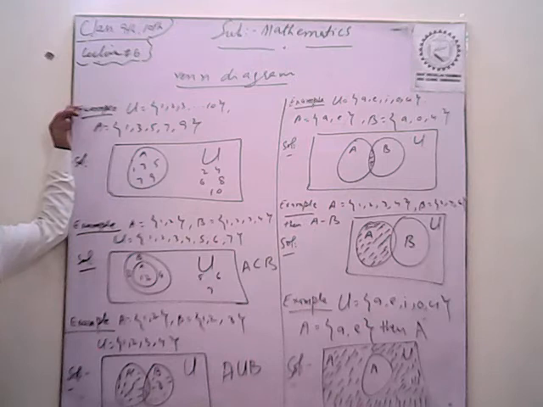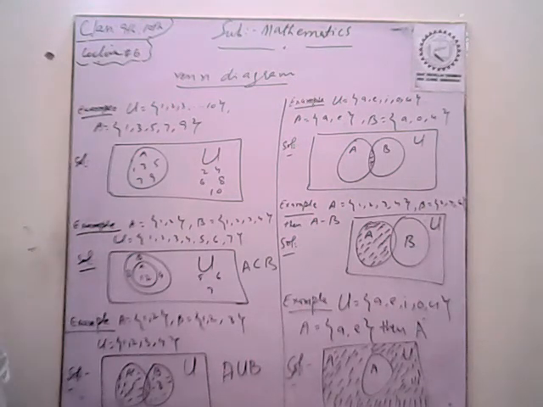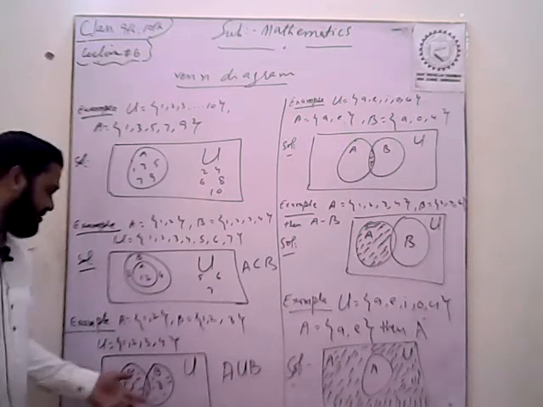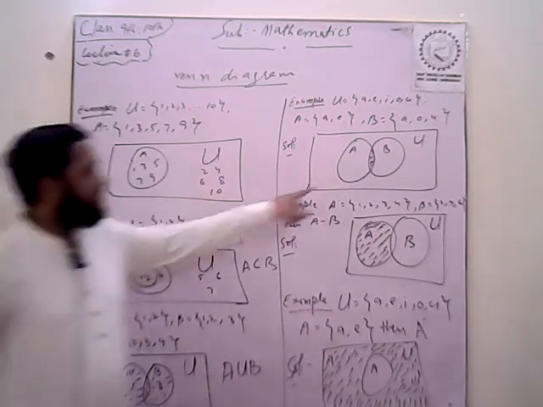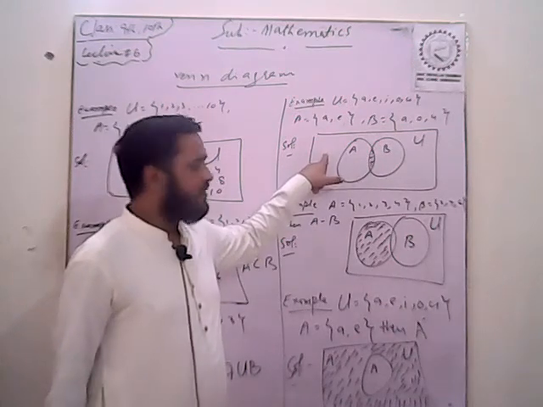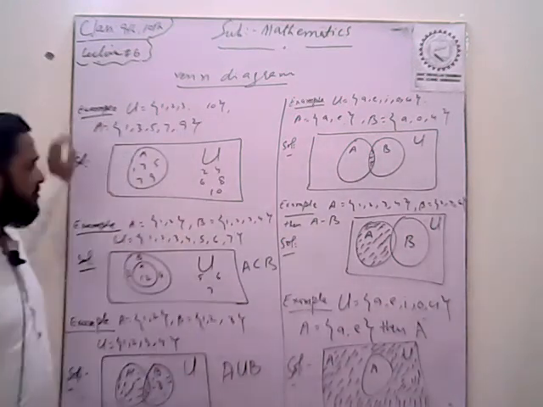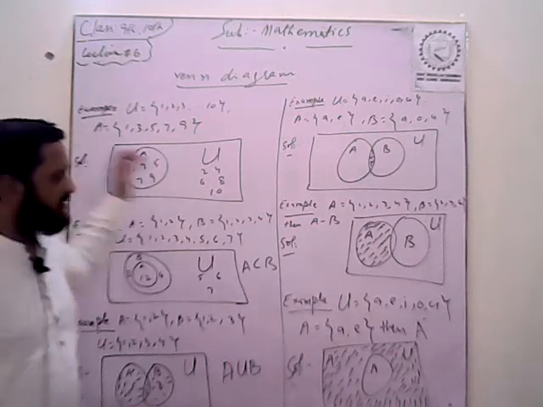If we are given the union of two sets, the intersection of two sets, or the complement of a set, then I draw it. If we are given A union B, we draw this figure. If we are given A intersection B, we draw this figure. If we are given A difference B, we draw this figure.